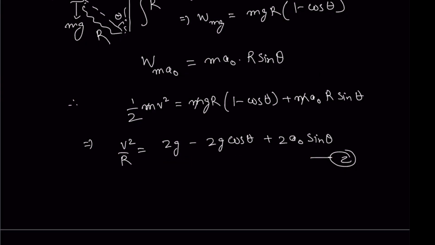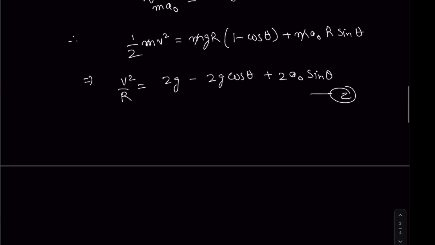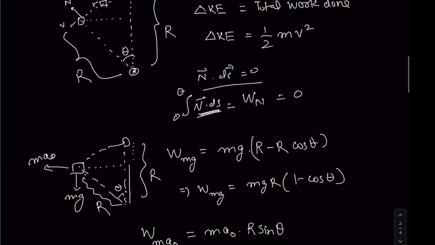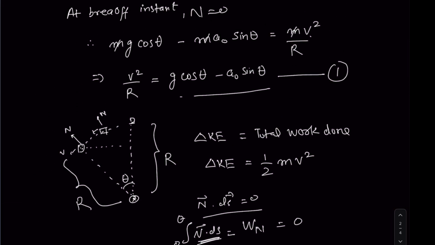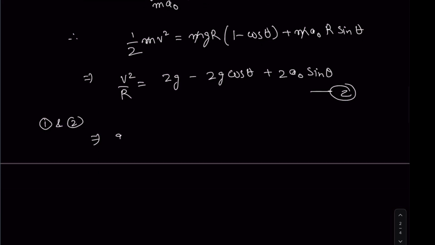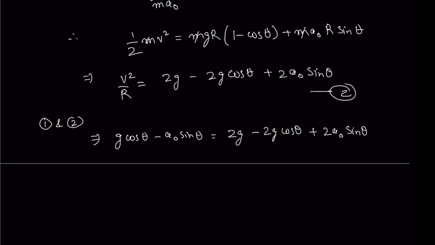So we can equate the right hand sides of both the equations. So 1 and 2 imply that g cos theta minus a naught sine theta equals 2g minus 2g cos theta plus 2a naught sine theta.